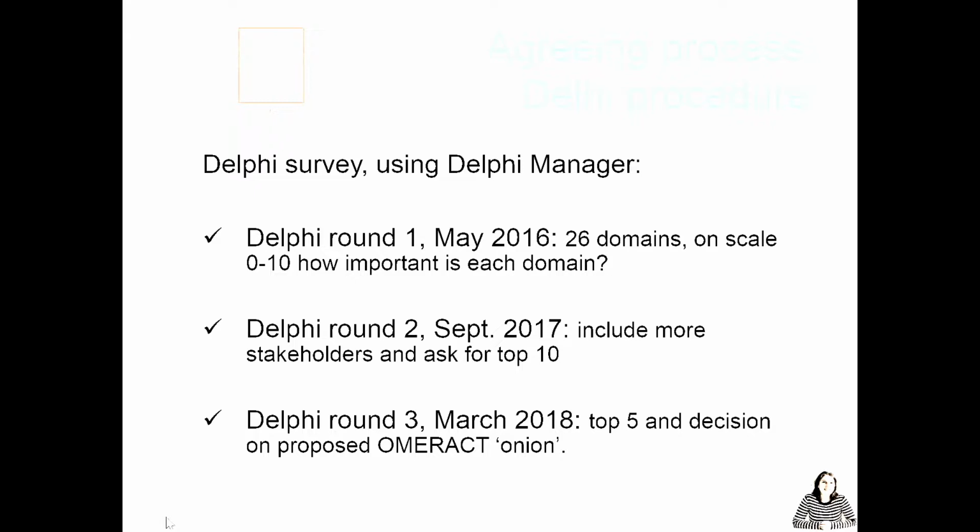We asked all participants, again, patients, caregivers, and healthcare professionals for their top 5 this time. And to align with the 3 circles or onion format of OMERACT that Martin was just talking about, respondents were now asked to place each domain in one of the 3 categories, which you could refer to as the inner circle, the middle, or the outer circle.